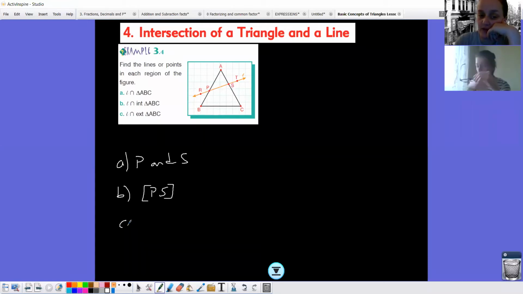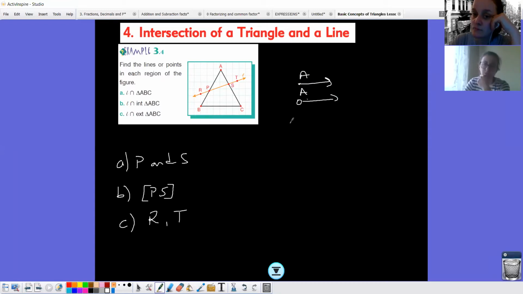In C, what do you have? RT, the line segment. Yes, you have the points RT as points. Or can we say the rays? Do you remember rays we had in the first lesson of geometry? Ray, this one, you have a point, let's say A. It will be close to RT.